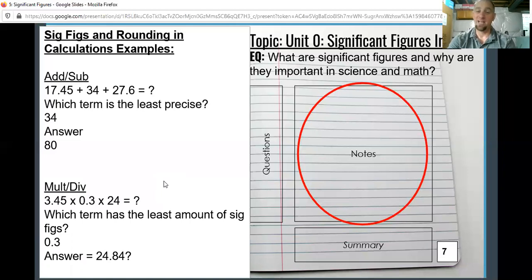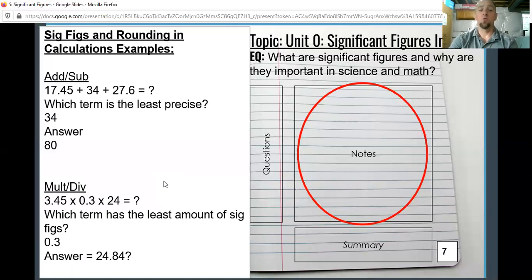Well, that answer would be incorrect. The reason it would be incorrect is because it has 4 significant digits, and we don't even have one single term that has 4 significant digits. We can't say by answering 24.84 that all of our measurements were that precise, because they weren't.